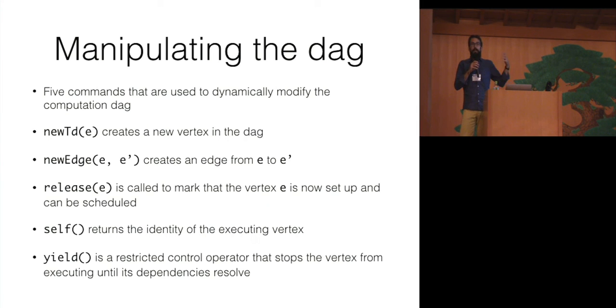If it has some incoming edges, that means it depends on some other computations to finish, then it cannot restart. If it doesn't have any incoming edges, because possibly due to the way that the parallel execution has gone on, the subcomputations have already finished, then it can restart immediately. So these are our 5 commands that allow us to manipulate the DAG.